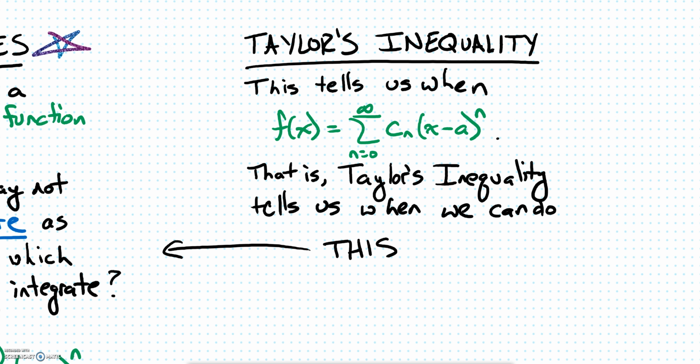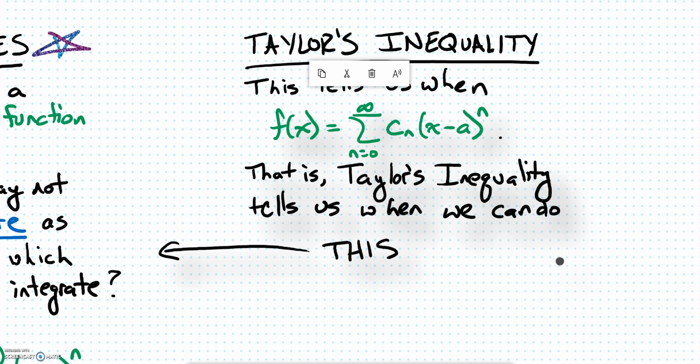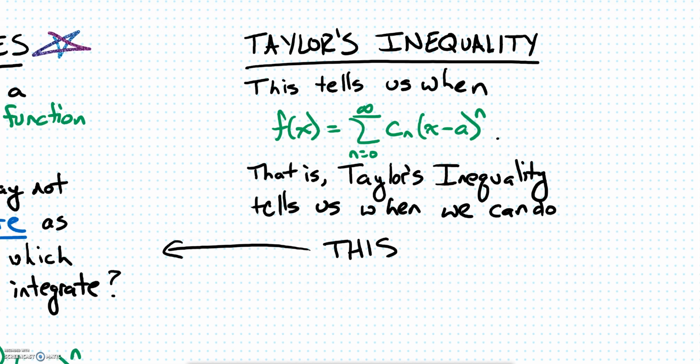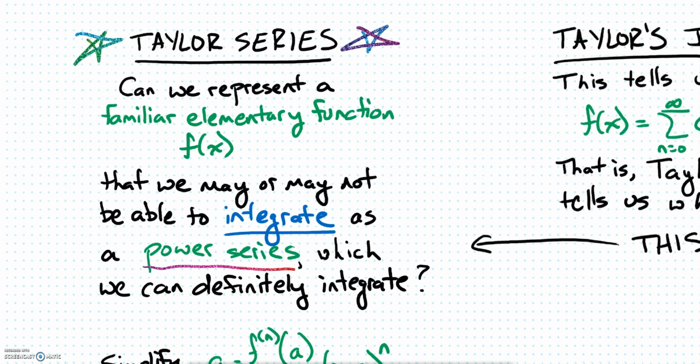And a lot of that is going to revolve around this question of, when is this actually possible? When is a function actually equal to its Taylor series? Because we'll be able to generate a Taylor series, but we won't really know when a function is actually equal to that Taylor series. And one of the big questions as to when is this true is using Taylor's inequality. Taylor's inequality will tell us when our function, f of x, is actually equal to its Taylor series. That is, Taylor's inequality will tell us when we can actually do everything that we're doing.